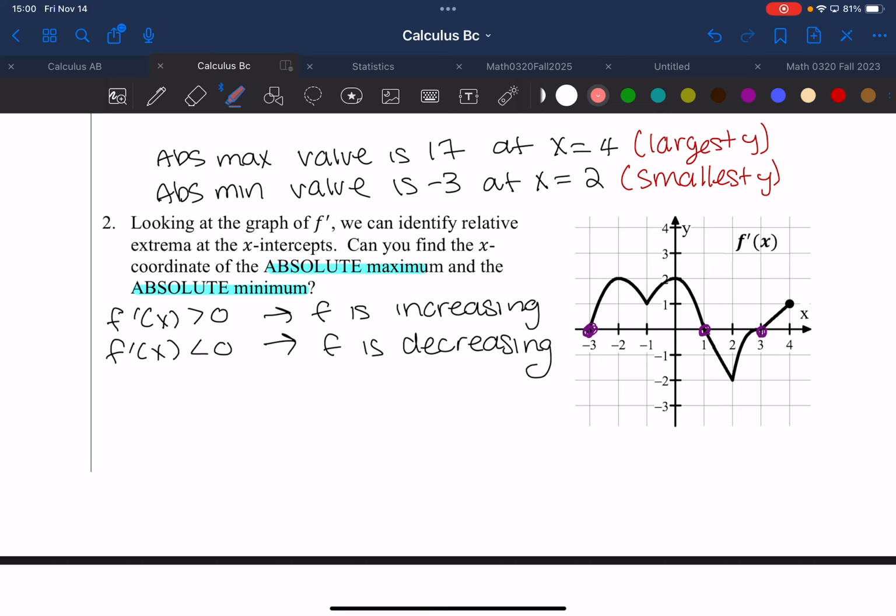So instead of outlining the graph like we did before to identify what is above or below the x-axis, I'm going to shade in the area. Again, when f is increasing, that is everything above the x-axis. And when f is decreasing, this is everything below the x-axis.